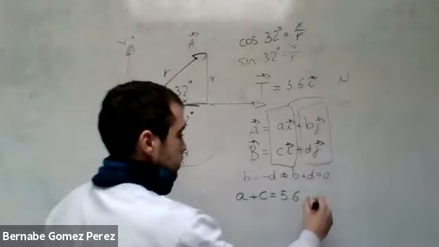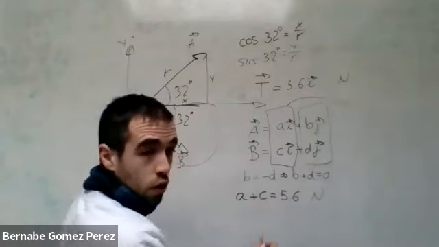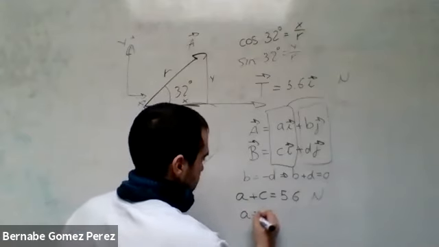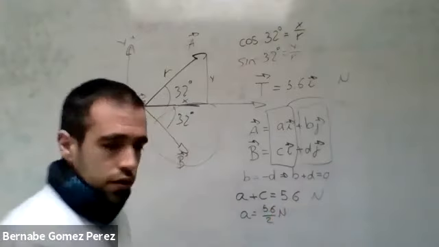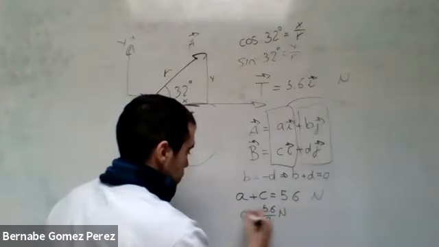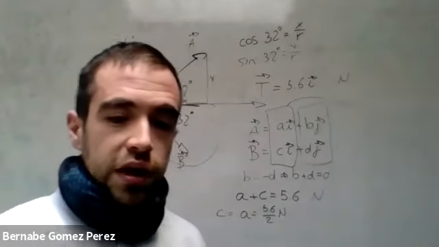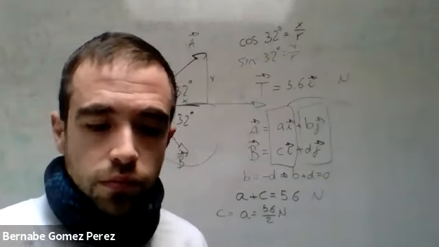So newtons. So we know that A is gonna be equal to 5.6 halves and C the same. Does this make sense? Does this make sense? This is a very intuitive problem.